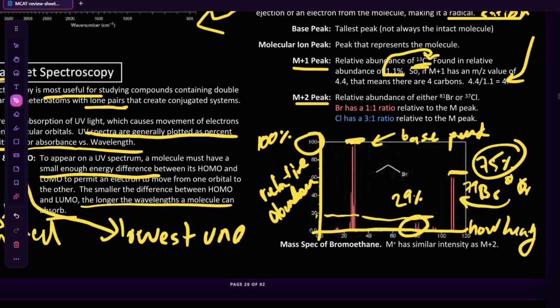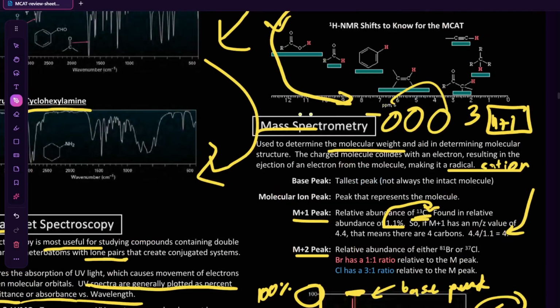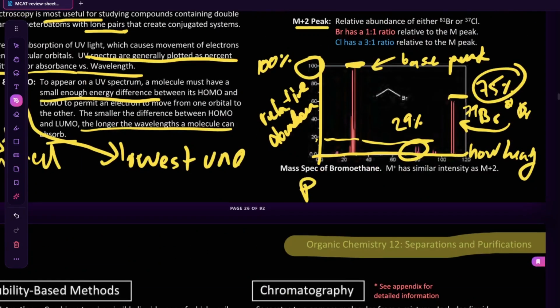So that's kind of an idea of how you would read mass spectrometry. But this was just an example. Going through actual practice problems will help a lot, and seeing where you are right or wrong about reading them will help.